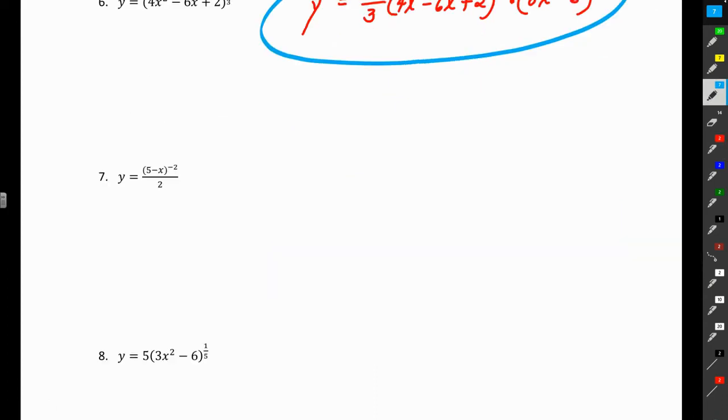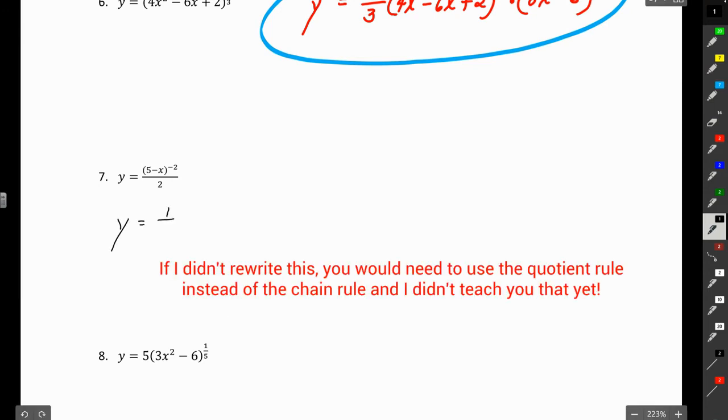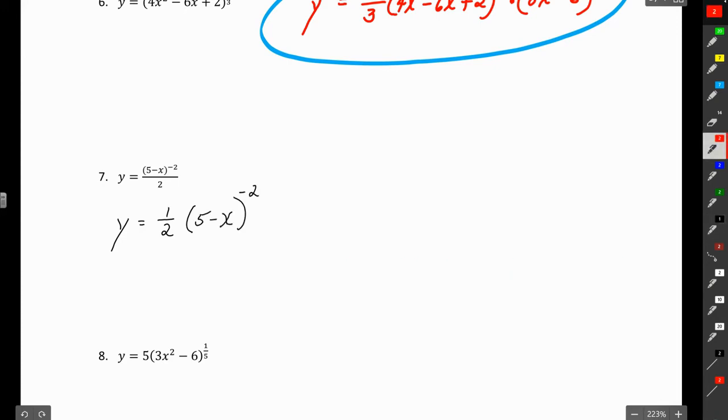All right, number 7. I'm going to rewrite number 7 just slightly. If I'm saying we're over 2, it's the same as saying I have 1/2 as my coefficient. So now I'll use the chain rule. Negative 2 times 1/2, that gives me negative 1.